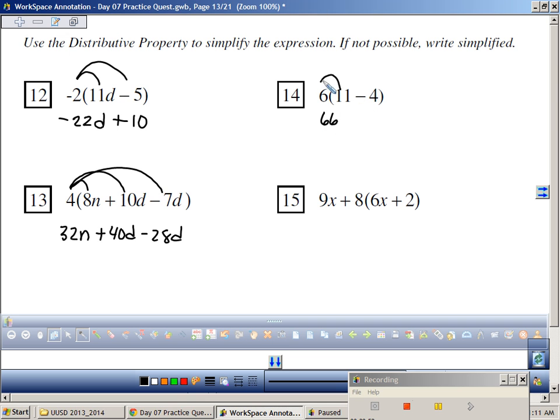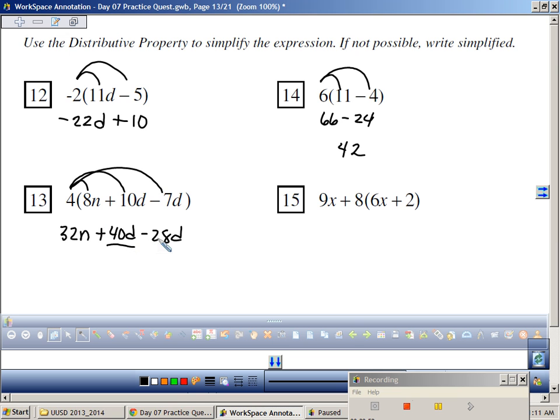66 minus 24 makes 42? Yes. You could simplify 11 minus 4, how much? 13. Ooh, it's not done. Excellent job.